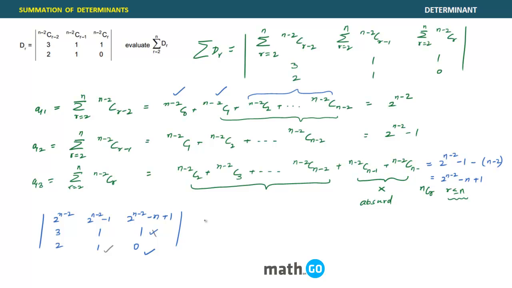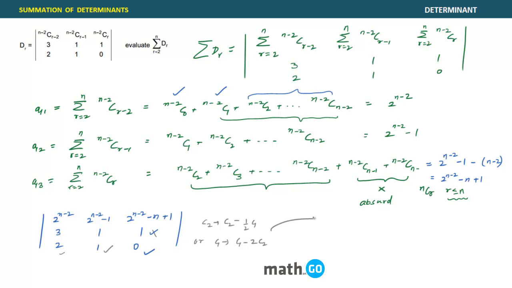So that can be done simply by saying C2 goes to C2 minus half C1, or you can also apply, you can make this also 0, that is not a problem. You can say C1 goes to C1 minus 2 times C2. So this 0 will remain intact and you will also get a 0, and then you expand.